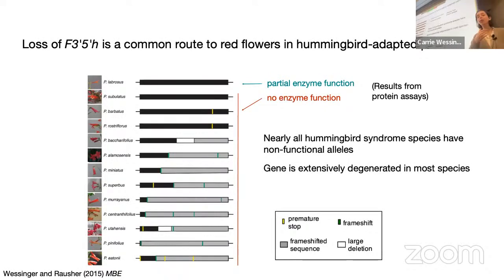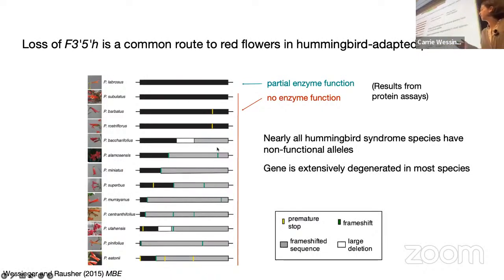So we looked at this gene in 12 additional origins of red hummingbird adapted species and find that it's predictably inactivated in nearly all of these species. We see a variety of premature stop codons, frame shift mutations, and large deletions. This is just a schematic of the coding region.